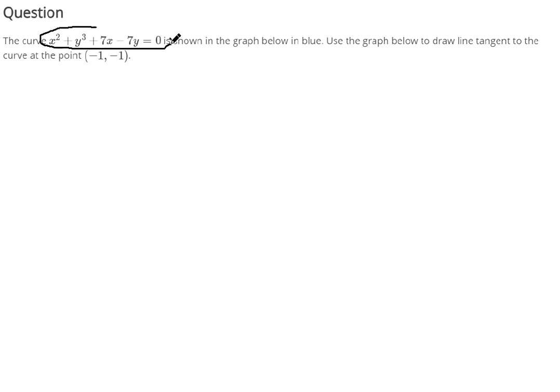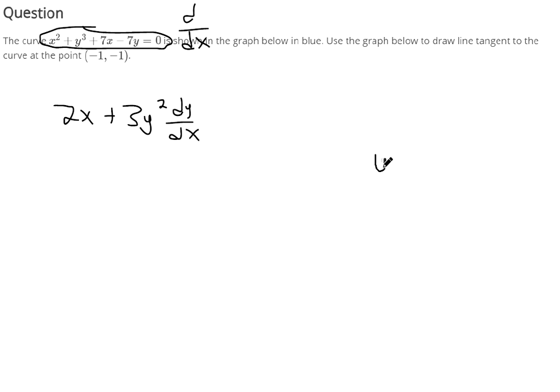So I'm evaluating the derivative with respect to x of this whole thing, because then I will have a dy/dx that I can solve for. So the derivative with respect to x of x squared is just 2x. The derivative of y to the third is 3y squared times dy/dx, because y could be written as a function of x in theory, right?